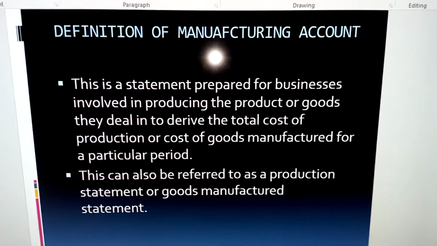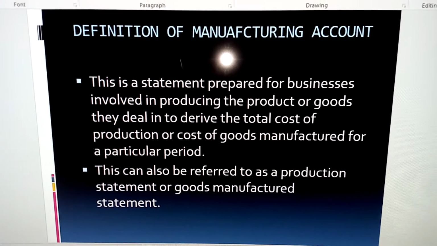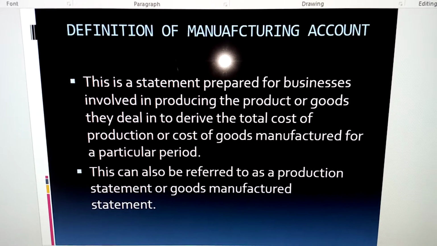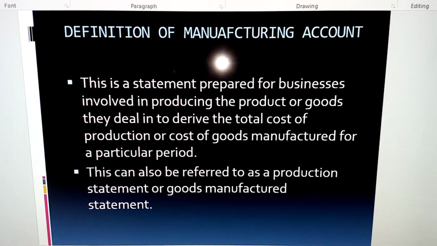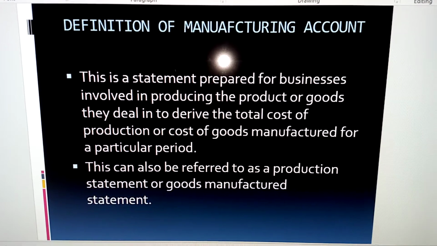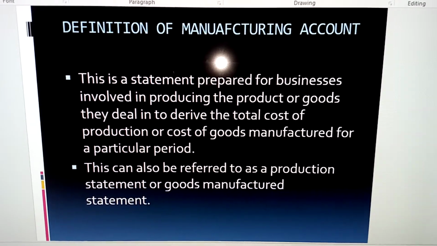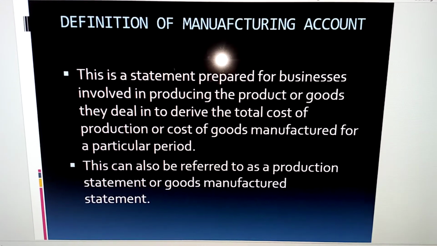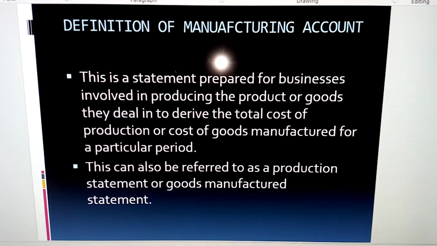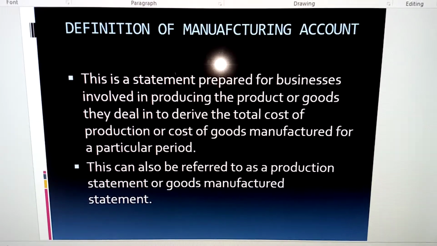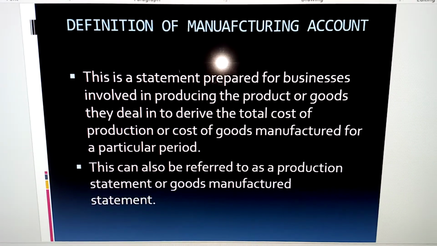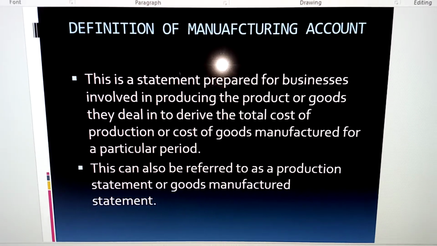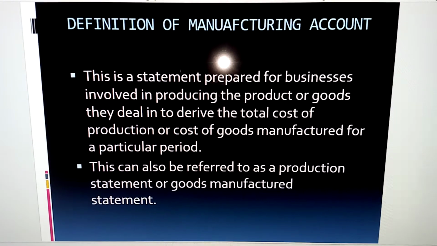Now, a manufacturing account is also called a production statement or goods manufactured statement. The manufacturing account is prepared basically to derive the cost of producing a particular product, the total cost involved in producing a particular product for a particular period.